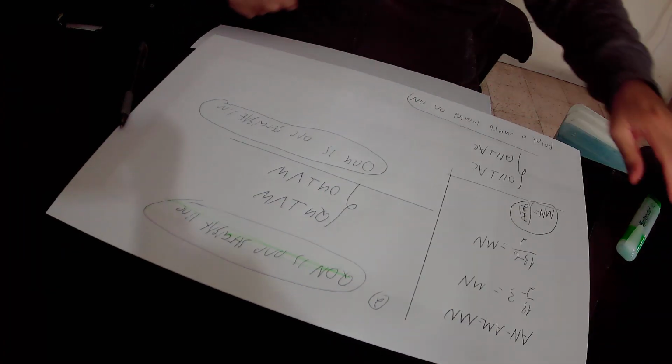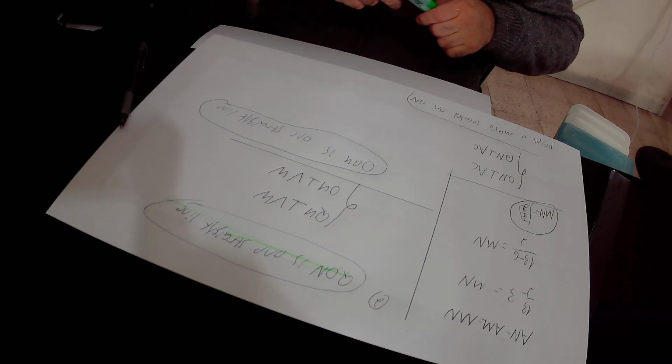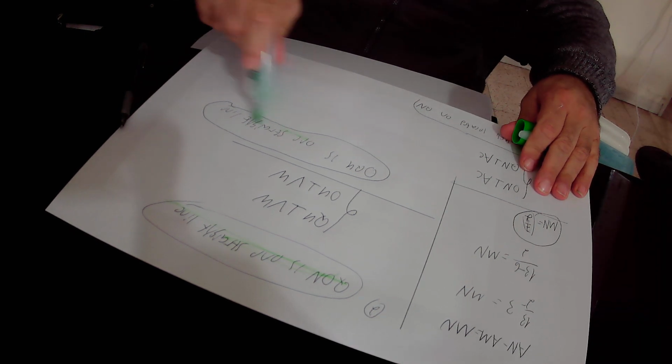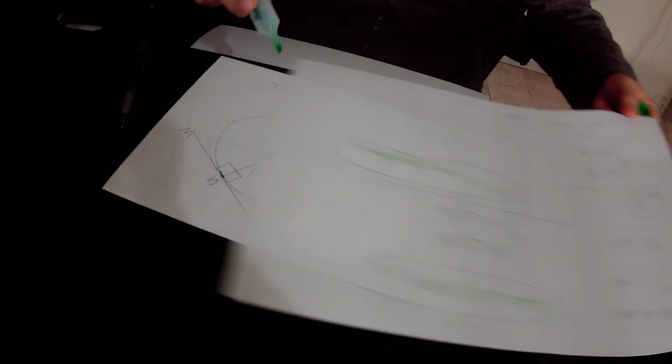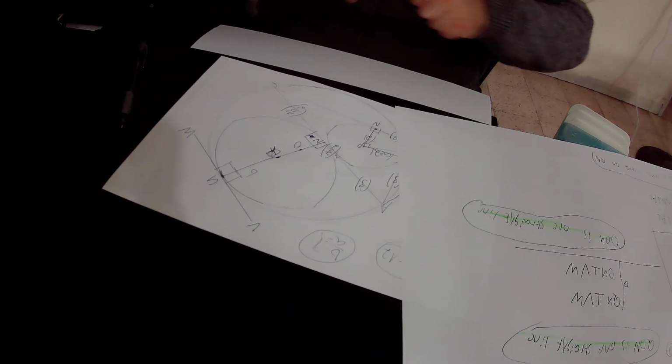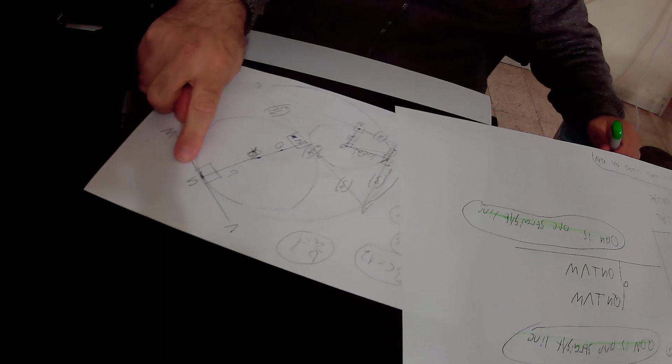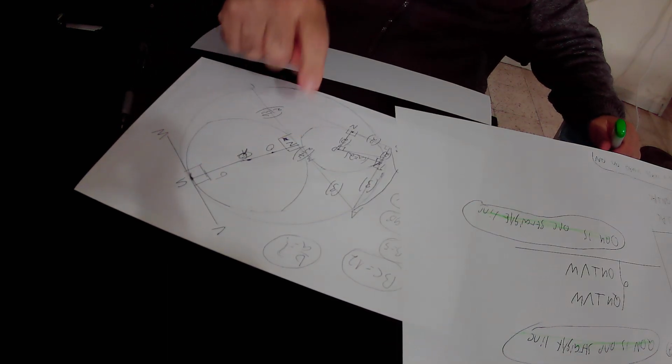So we found out that QON is one straight line and OQU is one straight line.